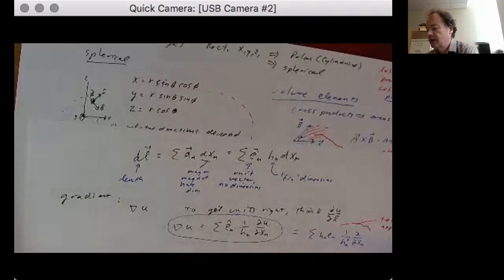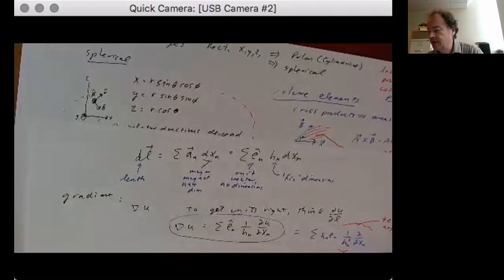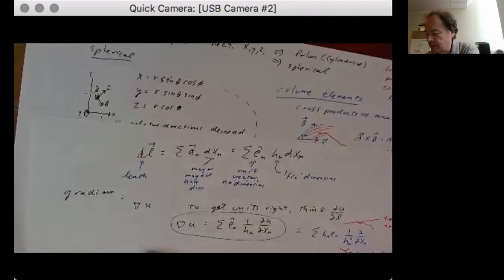Which is to have different types of vectors, you have covariant, contravariant. You can't multiply two contravariants or two covariants. You have to have one of each. The h_n squared converts between the types of vectors. And you can only multiply one type by the other.